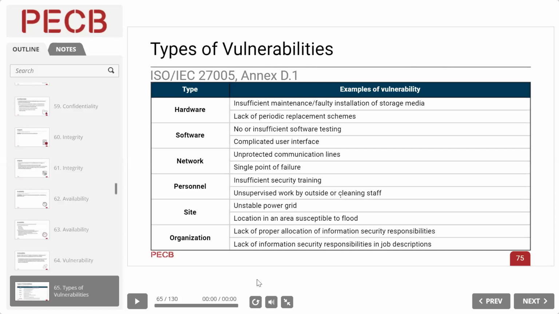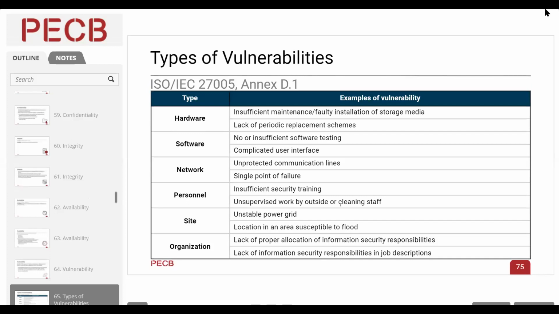A vulnerability in a network: unprotected communication lines, single point of failure. In personnel: insufficient security training, unsupervised work by outside or cleaning staff. So these are all vulnerabilities, and as you can recognize, vulnerabilities are internal to the asset. They are part of the inside of the asset.